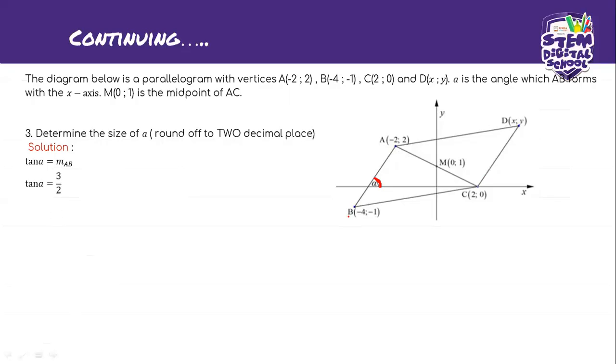Remember, we have already determined the gradient of that line AB, which is 3 over 2, okay? Thereafter, you're going to press your calculator and say shift tan 3 over 2 equals, then you will get what?